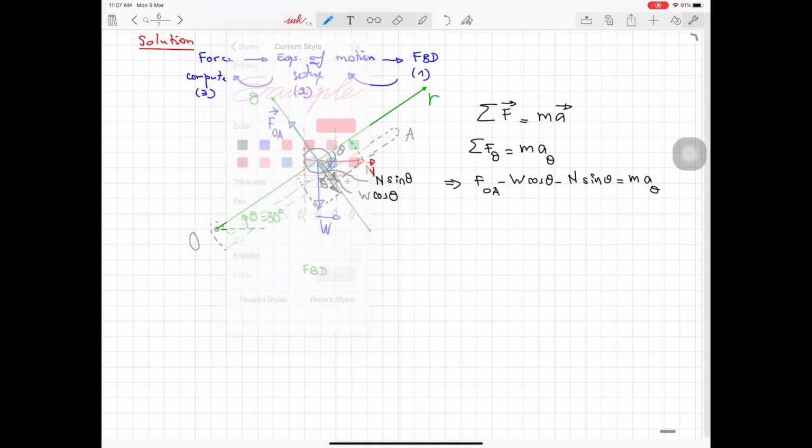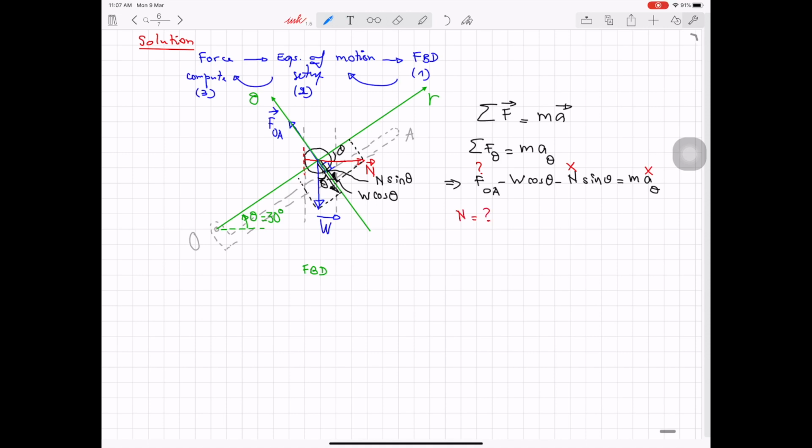So what I'm looking for here now is F_OA. But the issue is that I don't have the normal reaction force and I don't have the transverse acceleration. So I have two unknowns. So let's start with the normal reaction force. The normal reaction force has another component on the radial axis, right?